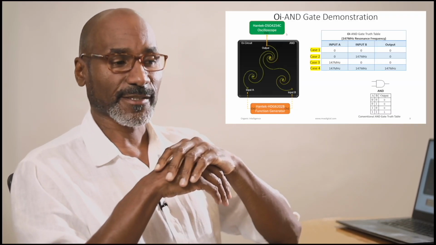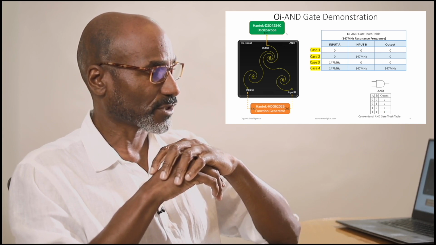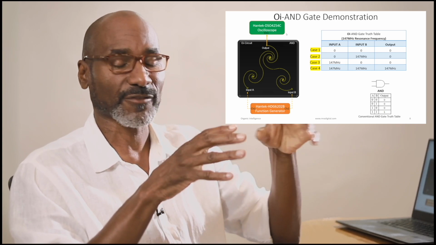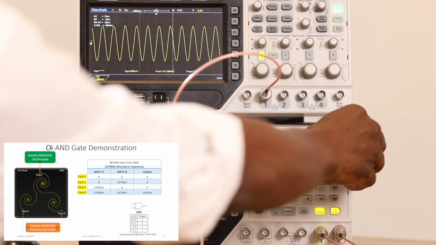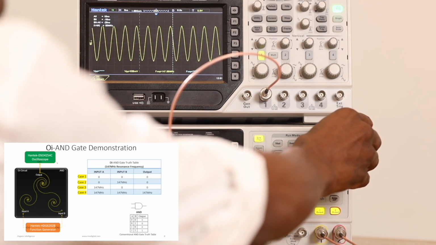Now, with organic intelligence, the voltage amplitude is variable. It doesn't have to be 1 volt peak to peak. I can lower the amplitude to 500 millivolts peak to peak.